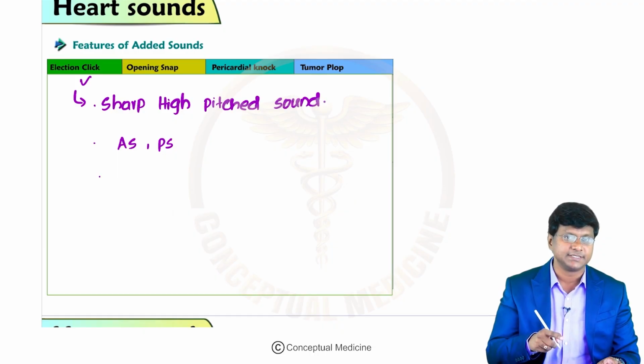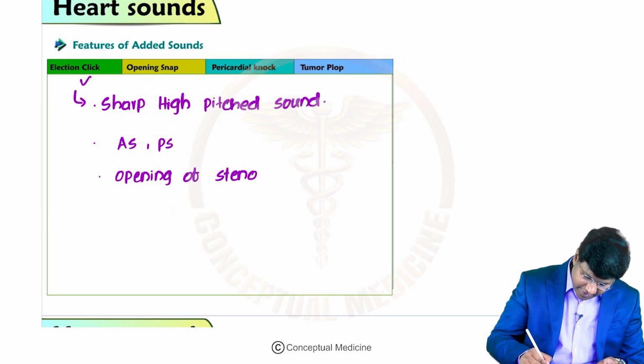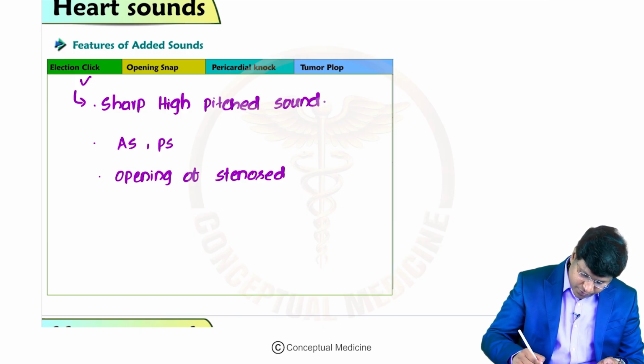And why does it occur? It occurs due to opening of the stenosed aortic and pulmonary valve.